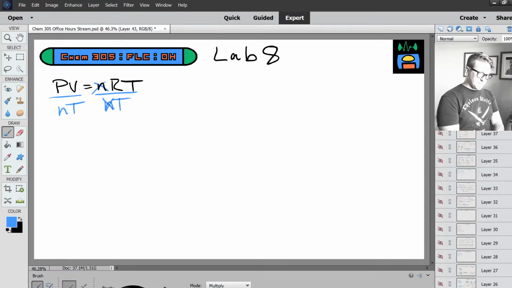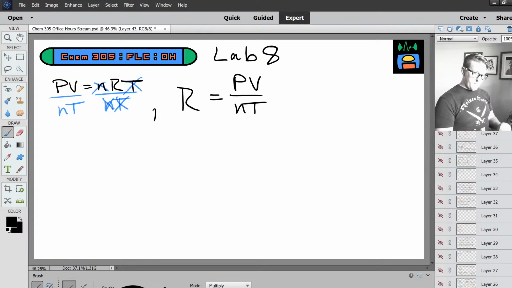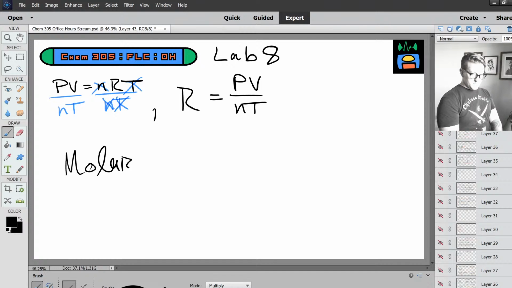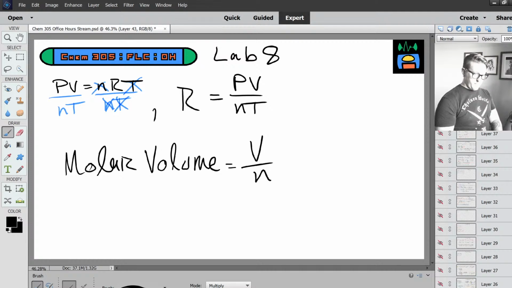So moles canceling moles, temperature canceling temperature, you get an equation R is equal to PV over NT. And then molar volume is just volume divided by moles.